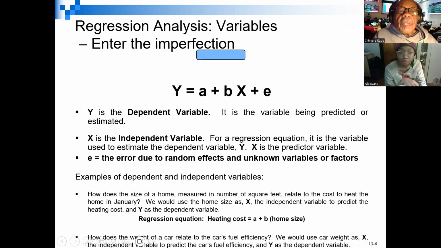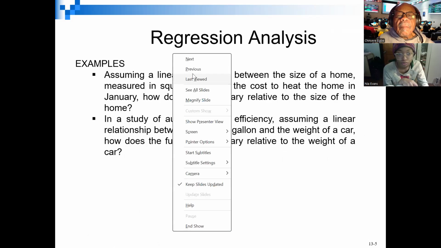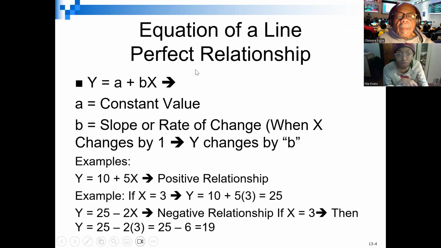All right. Now let's go back and look at this relationship here. For the positive relationship, if X is 3, Y is 25.